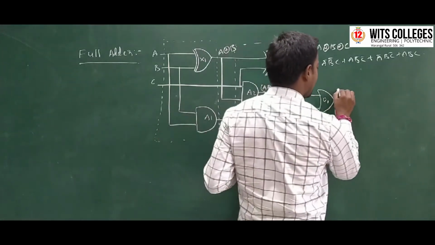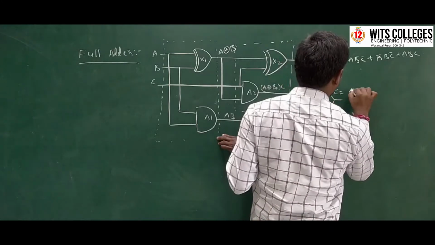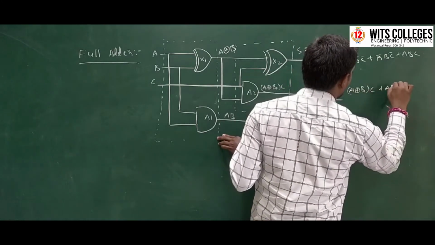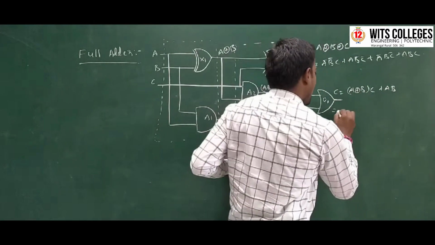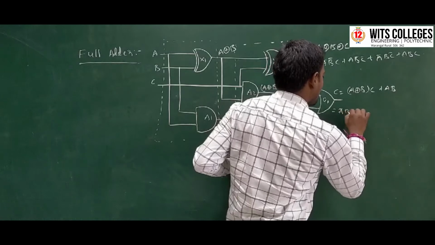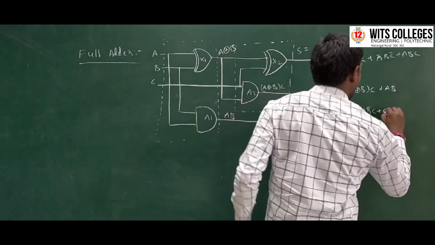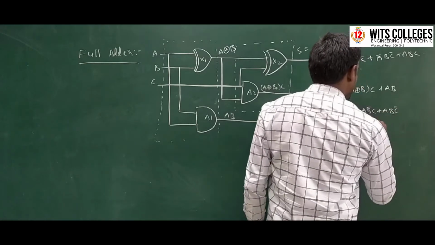So the carry output is equal to A exclusive OR B into C plus A into B. This can be written as A bar BC plus A into B bar C plus A into B into C bar plus A B C.